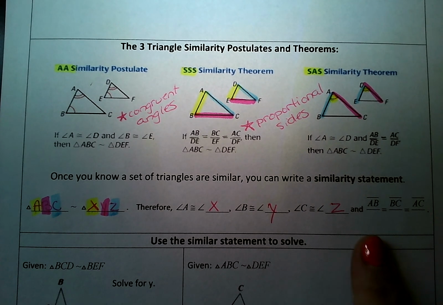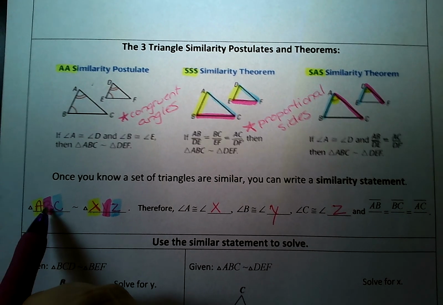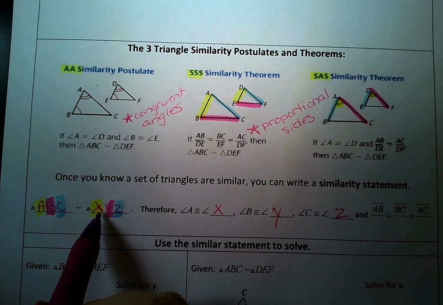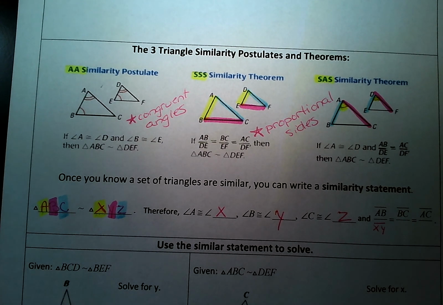So look at how we're going to fill out the second part of this statement here. It's not a set of congruent sides. It's a set of proportional sides. So AB in the first 2 positions would be in the same ratio as XY.